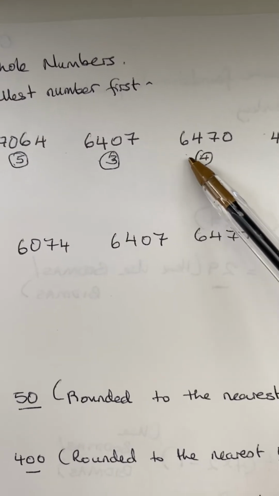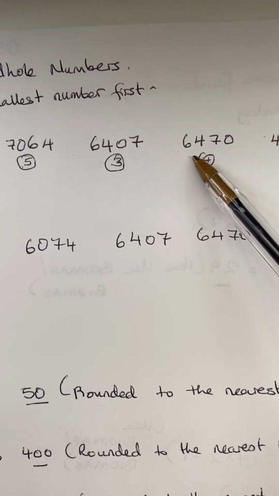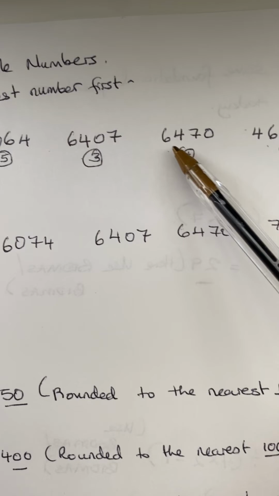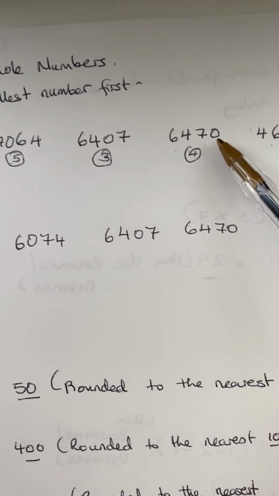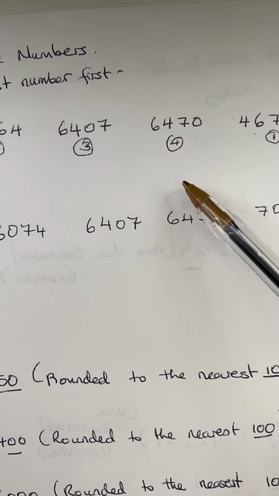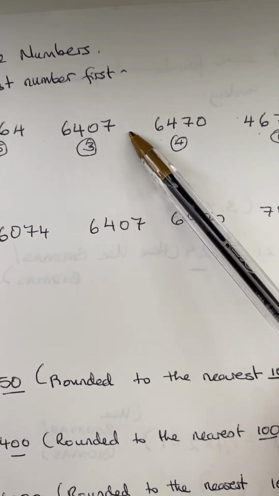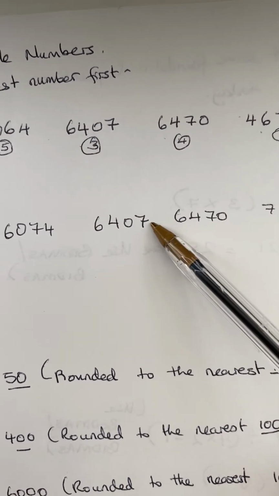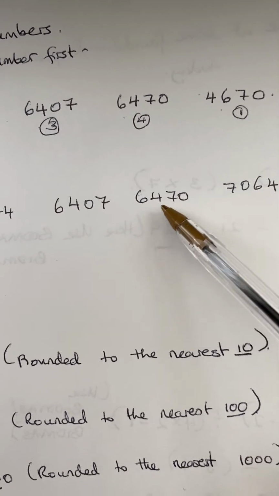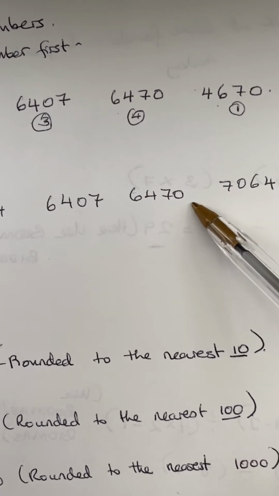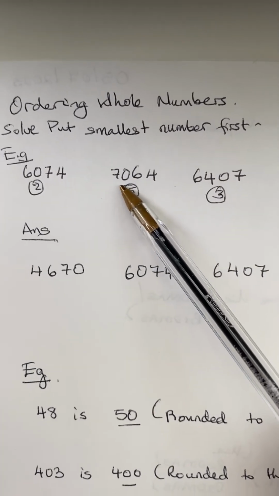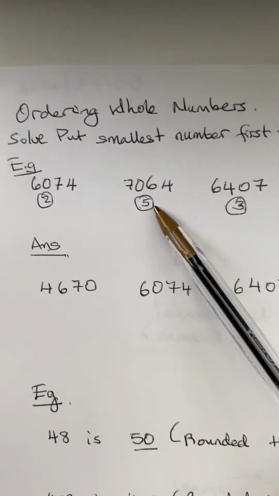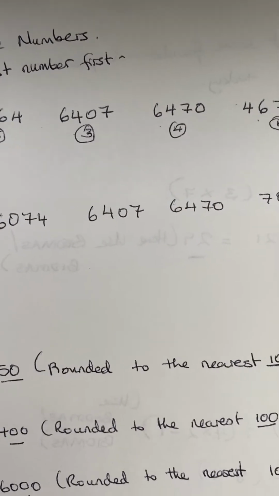Now the fourth one will be the last of the 6,000s, 6470. And then the last one, which is 7,000, is the fifth one, 7064.